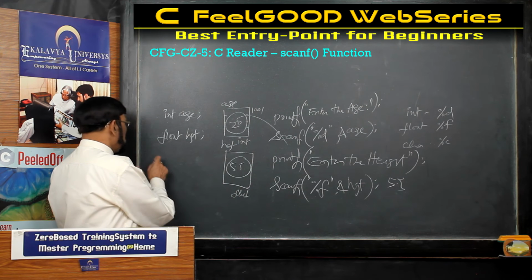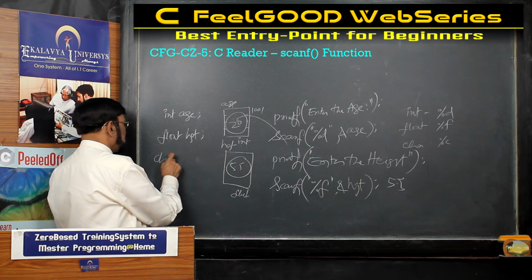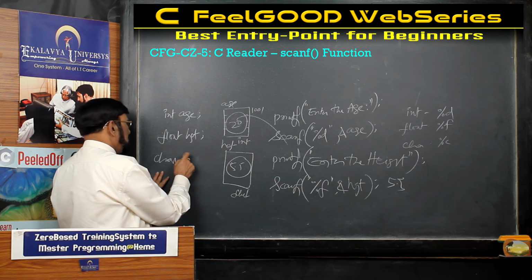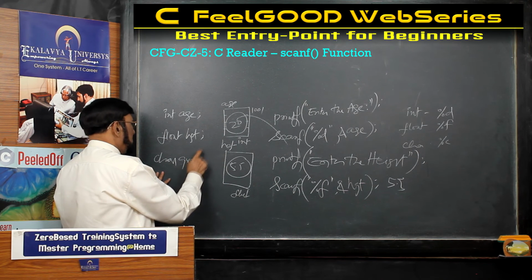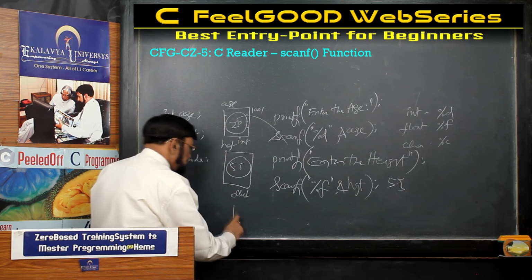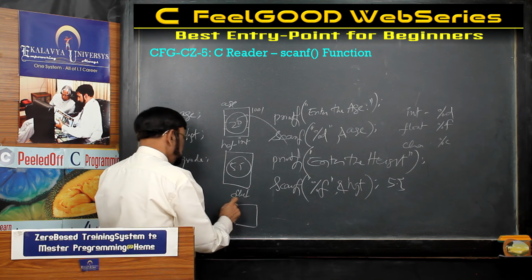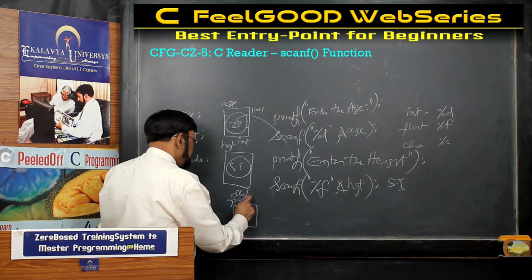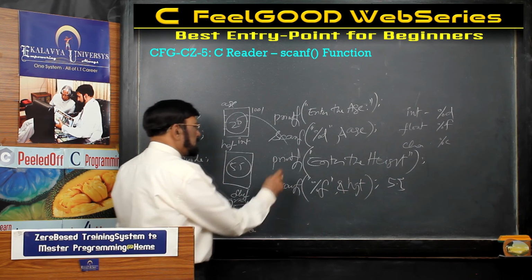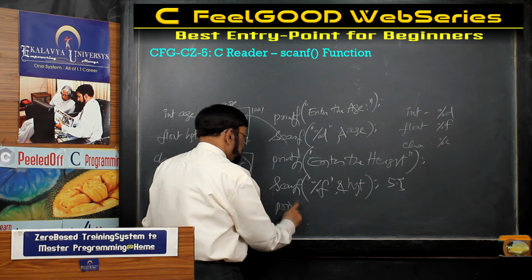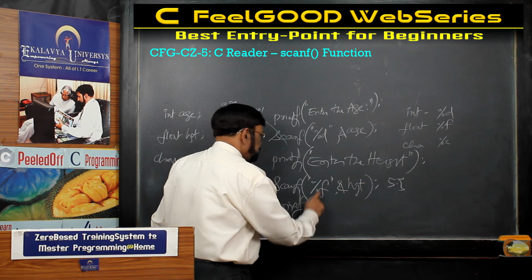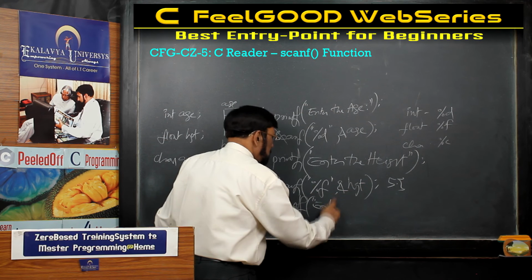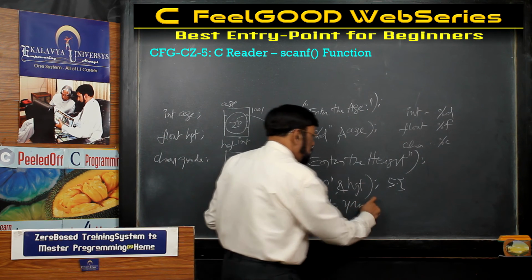Next, one more I write: char grade. As a result of that, one variable is created. Its name is grade. Its type is char. Now what you have to write? The printf prompt statement: Enter your grade.